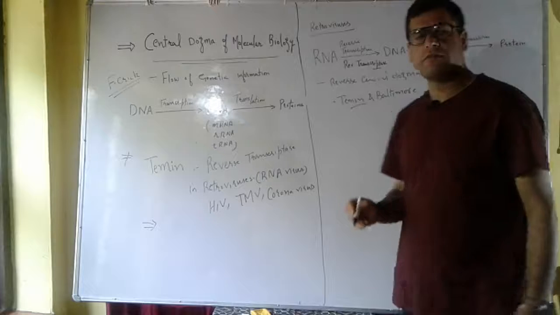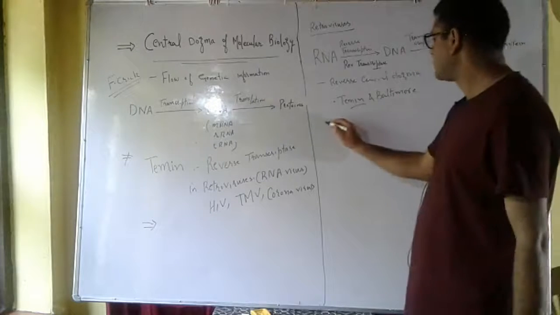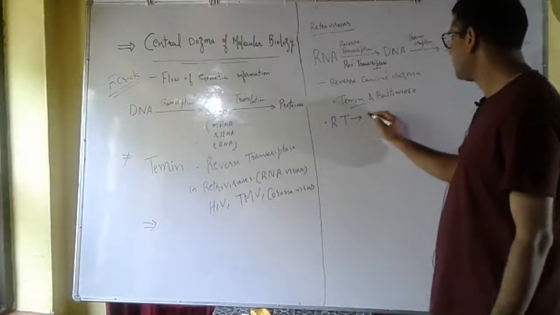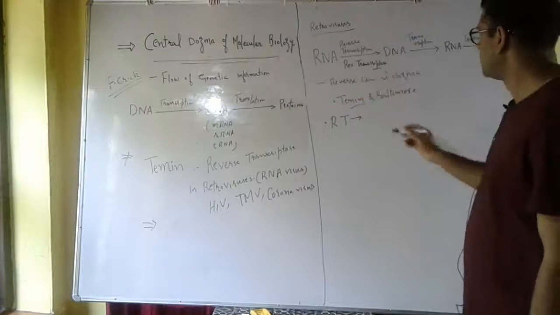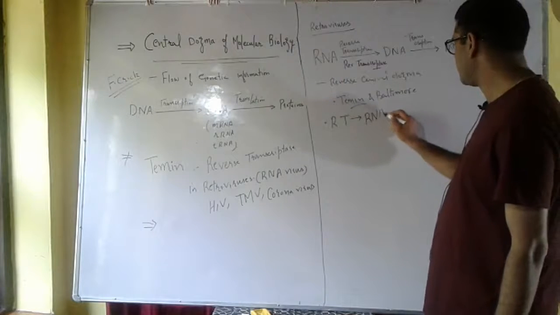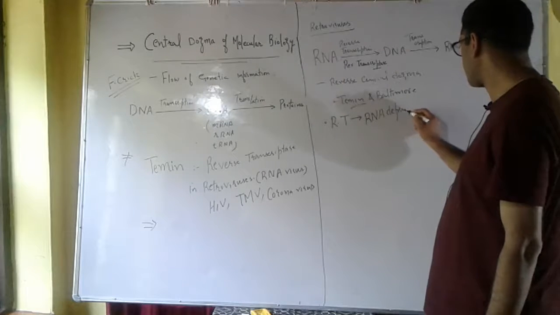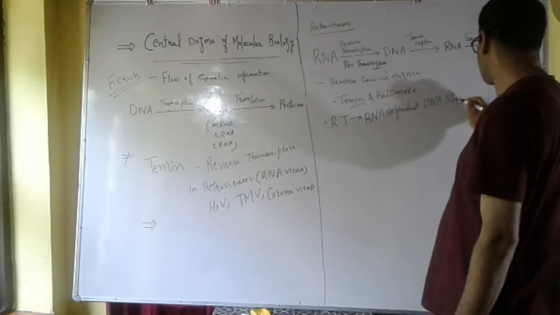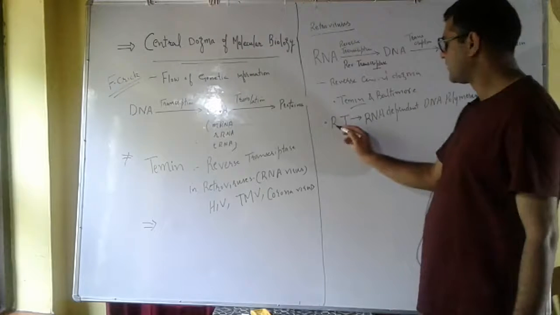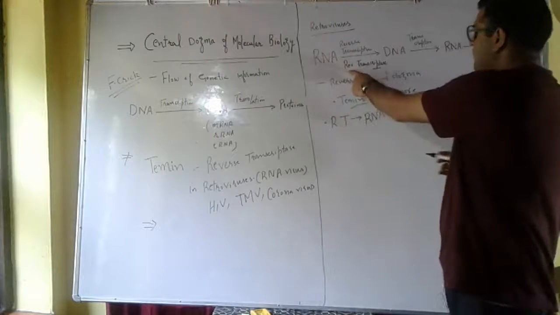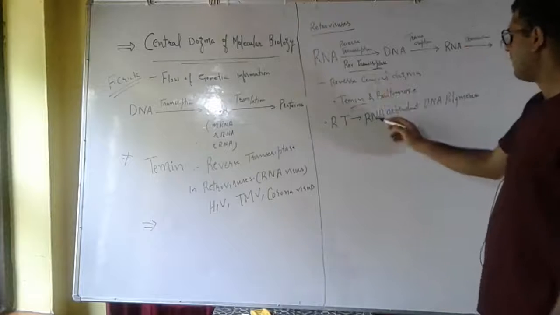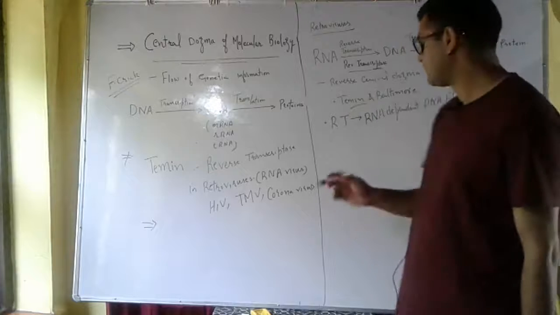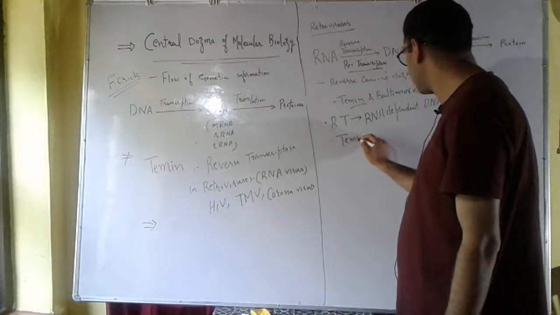This reverse transcriptase is also known as RNA dependent DNA polymerase, and this reverse transcription is also called Teminism.